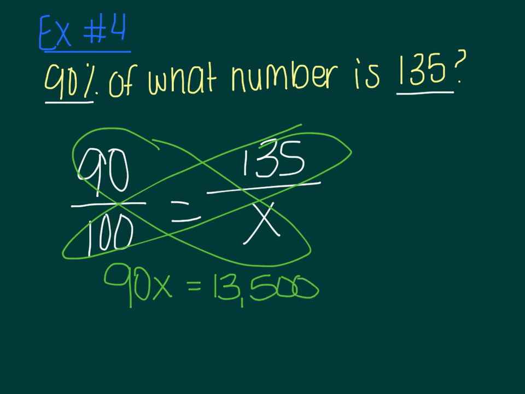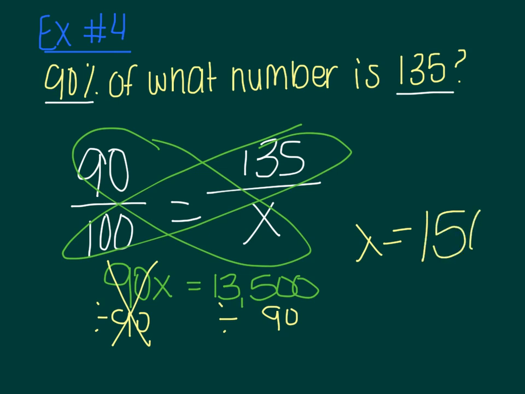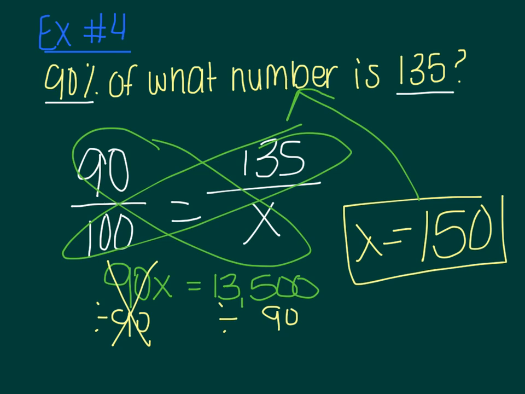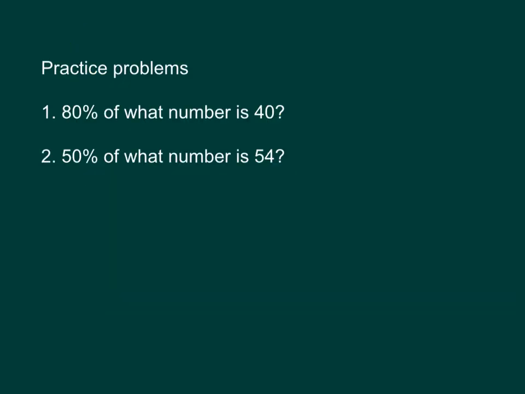We have to get X by itself, so we divide by 90 on both sides. This side cancels itself out. And then we do 13,500 divided by 90, which equals 150. So 90% of 150 is 135. Here are your two practice problems.